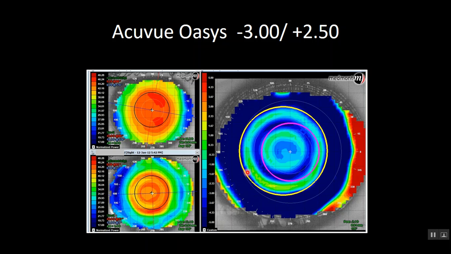Yellow is where we drew in where we thought the optic zone of the lens was, or where one of the zones of the lens is. And you can clearly see by the central distance, the near, the next zone of distance, the next zone of near, how the lens appears decentered temporally in relationship with the visual axis.